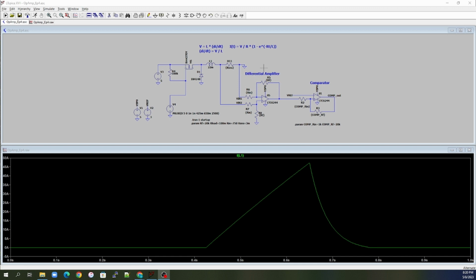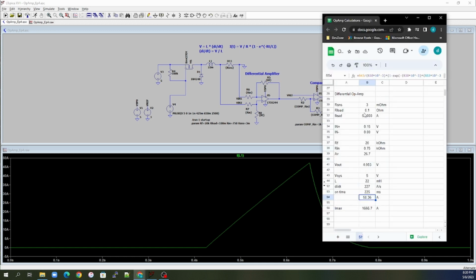So we know with our differential amplifier, we can monitor our sense resistor and look for 50 amps because we have that set up already. We've still got our sense resistor at 3 milliohms, we've got our RF at 20K, and we've got our RN at 750 ohms.